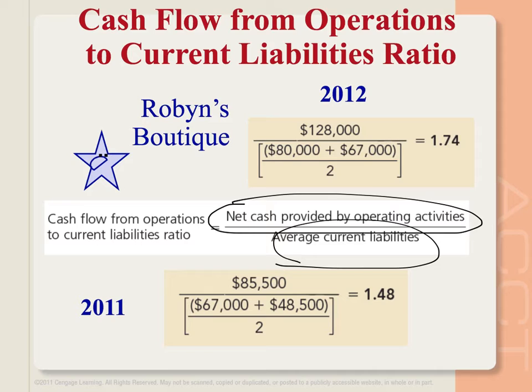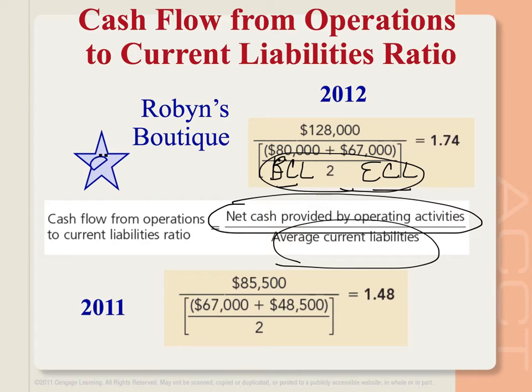Remember, when we average these things, it's always going to be the beginning current liabilities plus the ending current liabilities divided by 2.